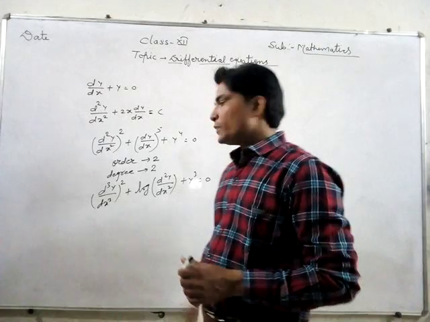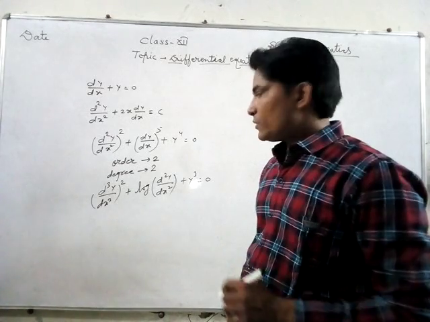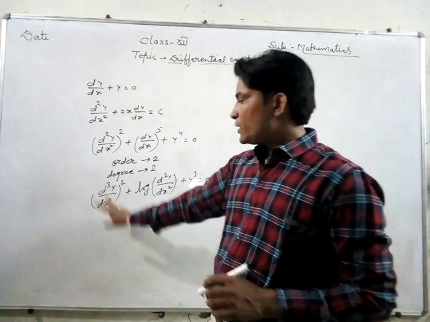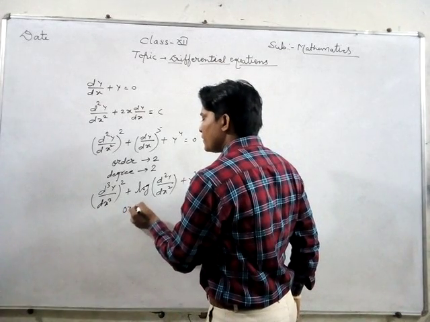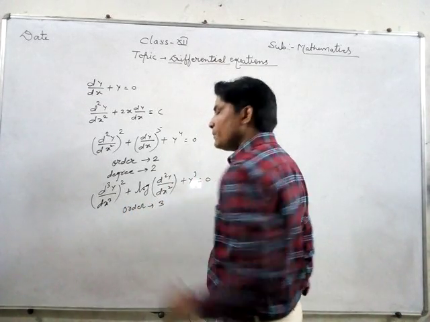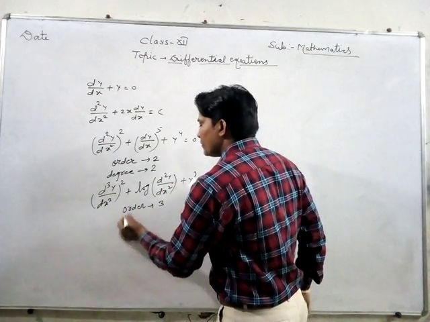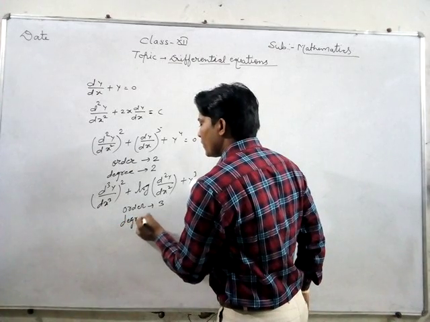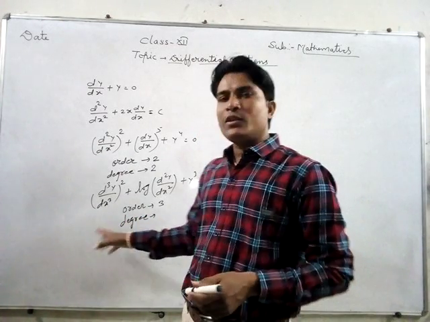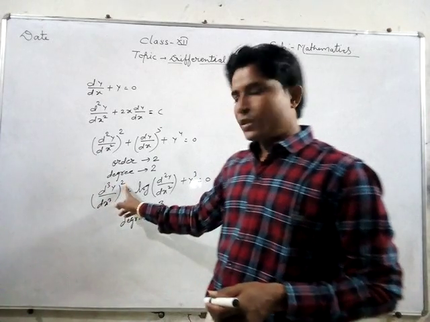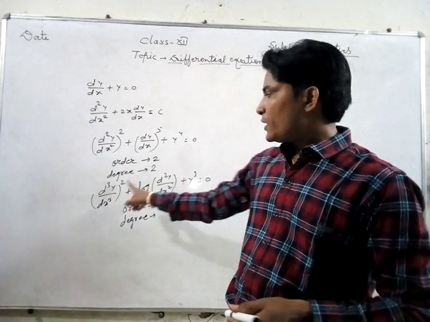So the order of this equation is 3. Here the order is defined, it is 3, but what about the degree? The maximum power here is 1 and that is 2.